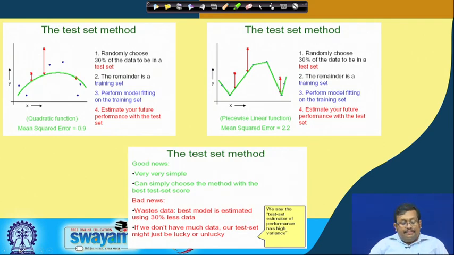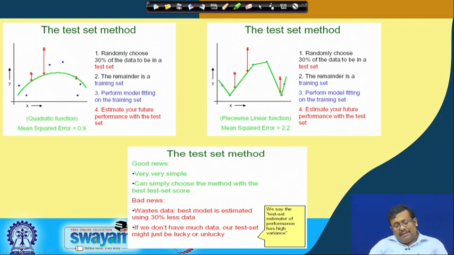Now, obviously there are some positive things and negative things in this test set method. The positive things are that it is very simple, and we can simply choose the method with the best test score. The problem is there is wastage of data. That means the best model is estimated using only 30% less data, because we are using only 70% of the data.